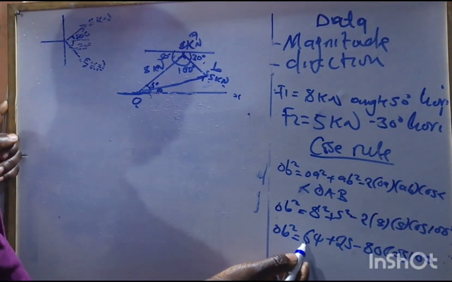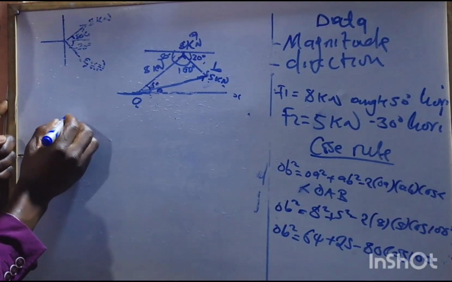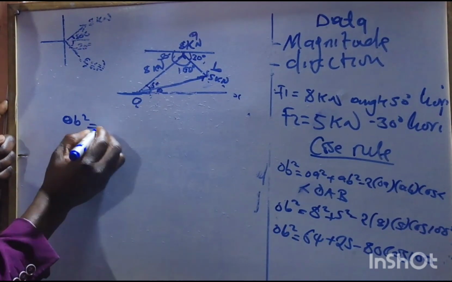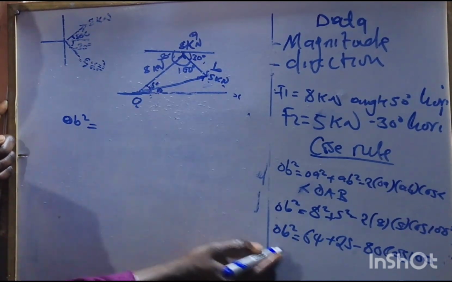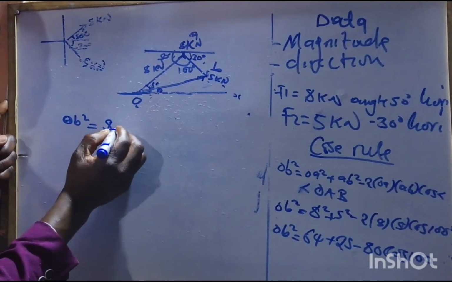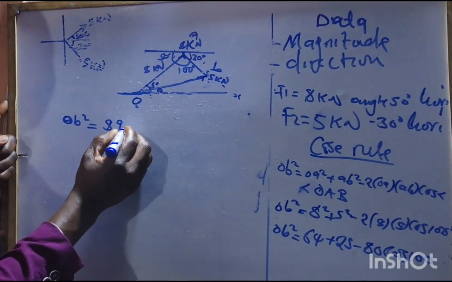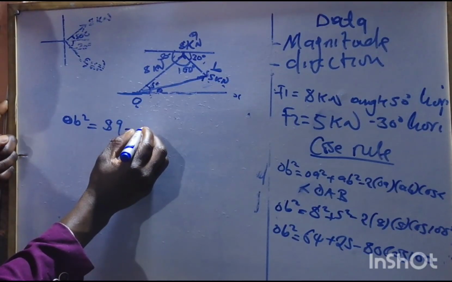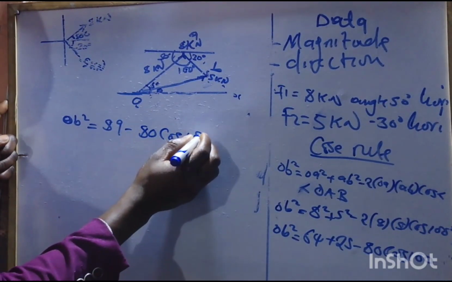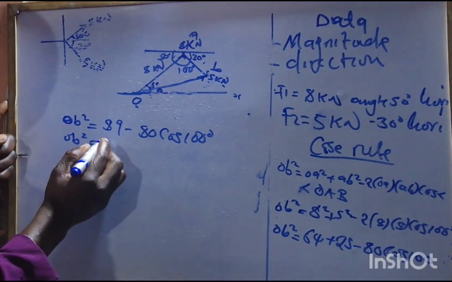Add 64 plus 25, you have OB squared equal to 64 plus 25, which is 89, then minus 80 cos 100 degrees.